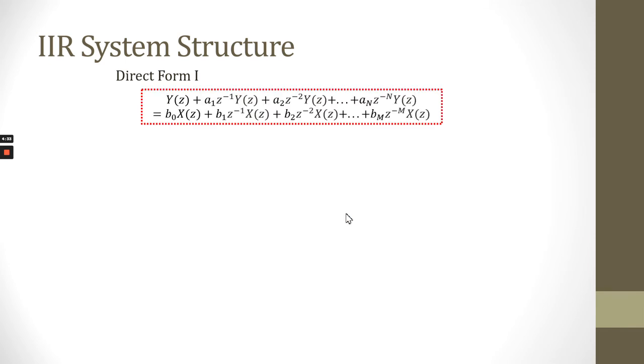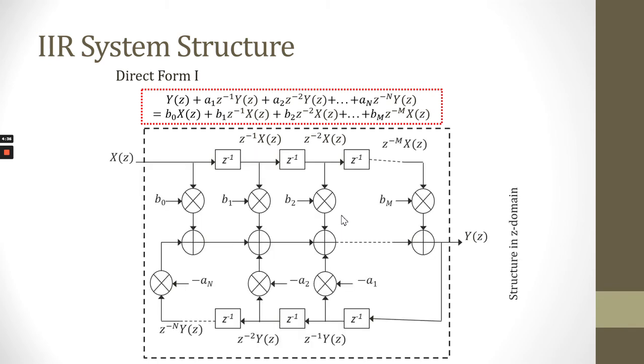The next one is direct form 1 in the Z domain. We have this equation: this is the current input X(z) and this is the current output. The top part is for current input and past input, and the lower part is for past output.